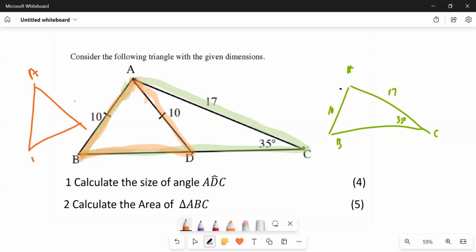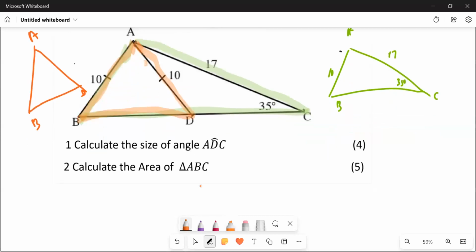What do you have then for ABD? AB is 10 units and AD is also 10 units. So both of them are 10, 10. Do you know any angle? No, you don't know the angle.